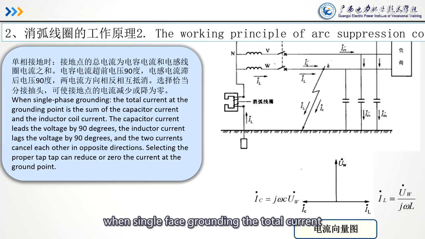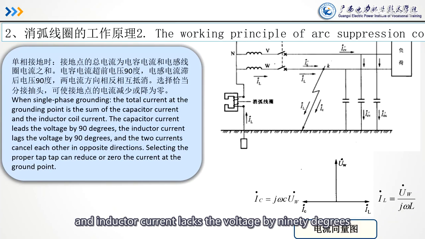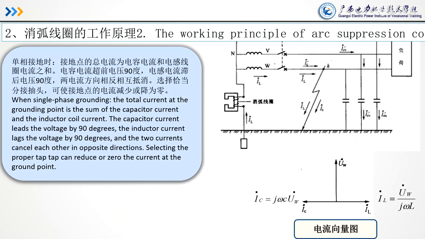When single-phase grounding occurs, the total current at the grounding point is the sum of the capacitor current and the inductor coil current. The capacitor current leads the voltage by 90 degrees and the inductor current lags the voltage by 90 degrees, and the two currents cancel each other in opposite directions.